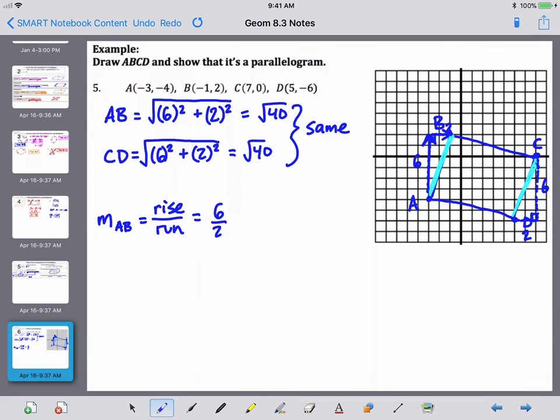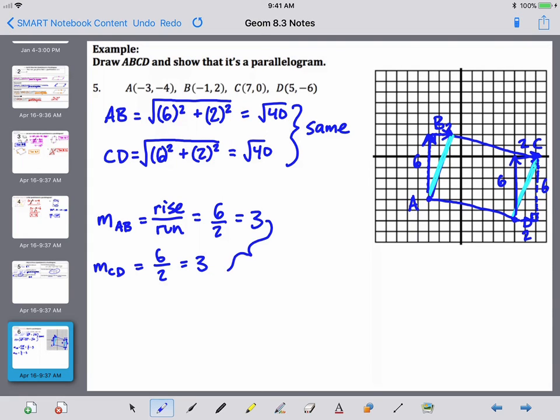So 6 over 2 would give me a slope of 3. The slope of the second line, line CD, again the rise, so to get from D to C in this case, we have to go up 6 and over 2. So our rise is 6, our run is 2. So again, we end up with 3.